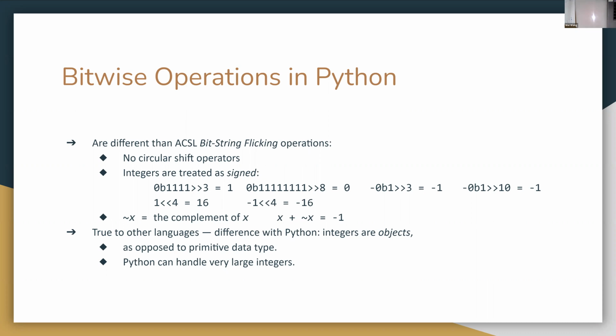Question: what do you mean by integer signed? Signed means, when you talk about integers, let me give you an example in C. C has this concept of unsigned integer. Unsigned integer means the integer can only be 0 or above.